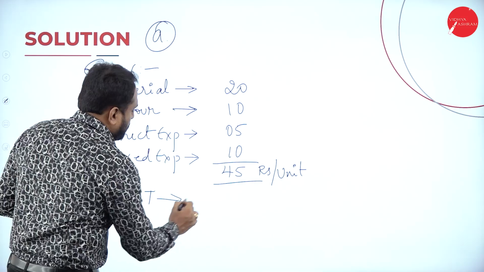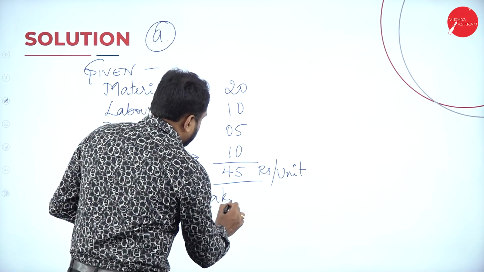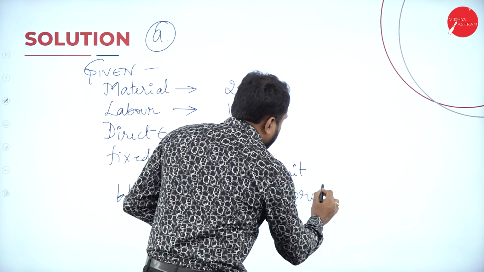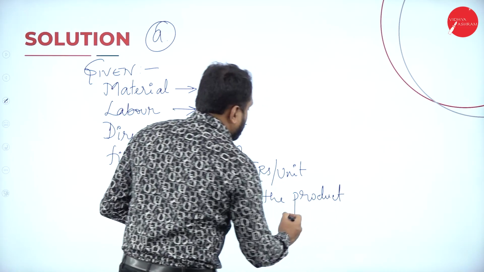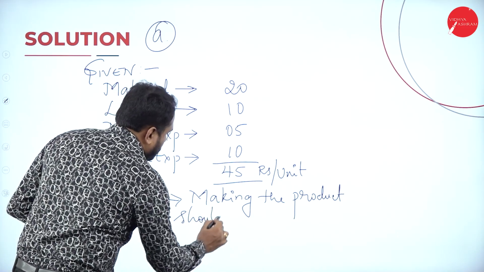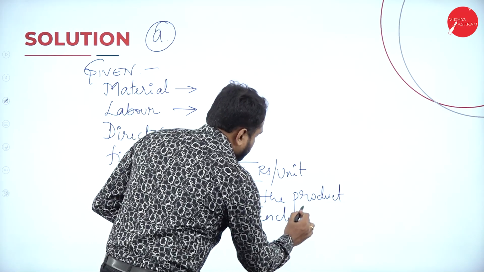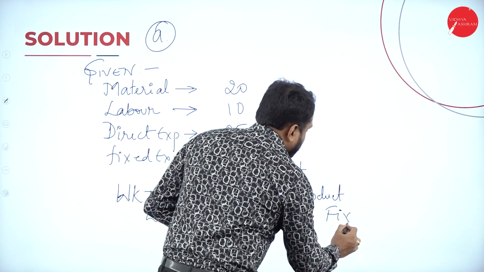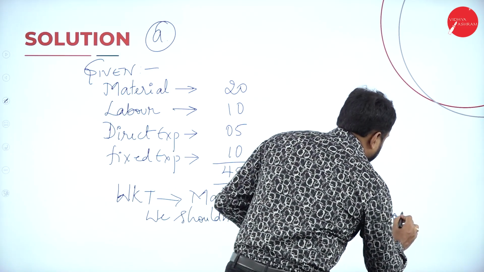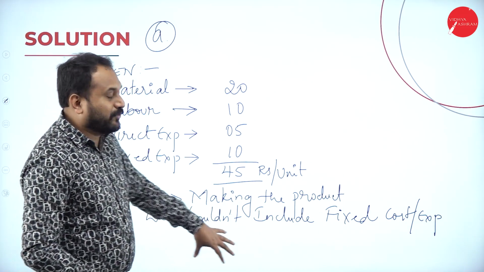We know that for a decision to be taken as for making the product, we shouldn't include fixed expenses or fixed cost, anything, right? Fixed cost or expenses. So what will happen? Therefore, you will go with this.